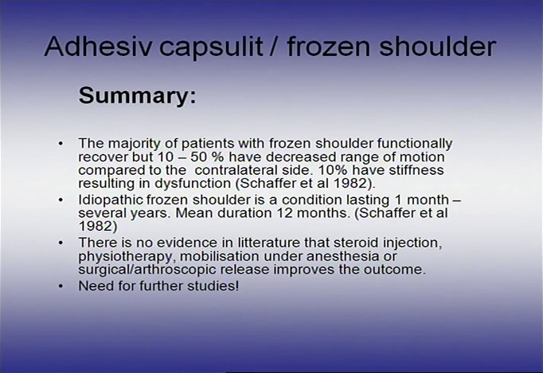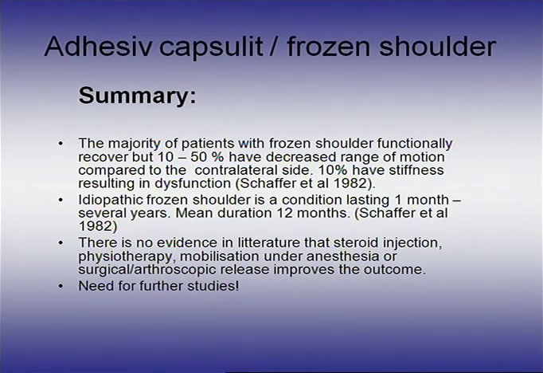In summary, the majority of patients with frozen shoulder functionally recover, but 10 to 50% have decreased range of motion compared to the contralateral side, and 10% have stiffness resulting in dysfunction. Idiopathic frozen shoulder is a condition that can last from 1 month to several years with a mean duration of 12 months.